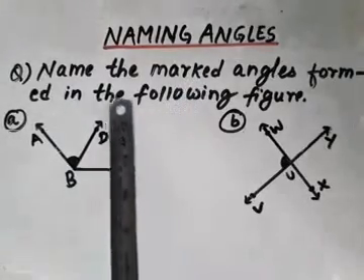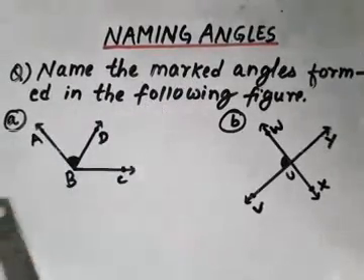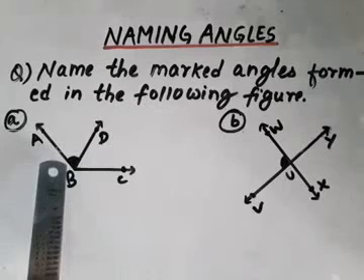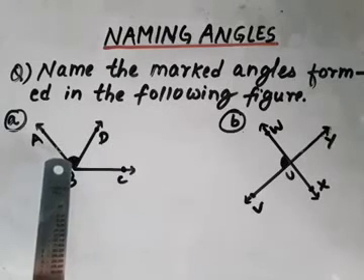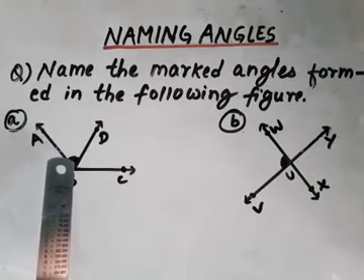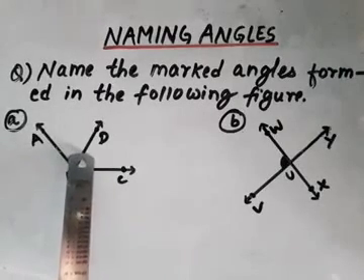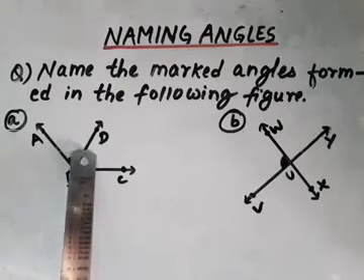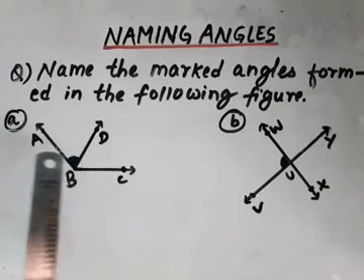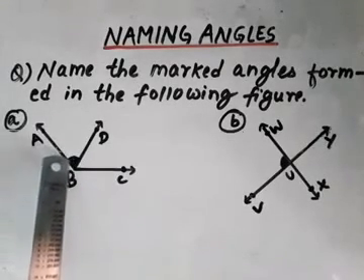If you see this figure, here you can see the angle has been marked with black color. So you have to name this angle. You can see angle here too, but according to the question, you are not supposed to name this angle. You have to only name marked angle, this angle.